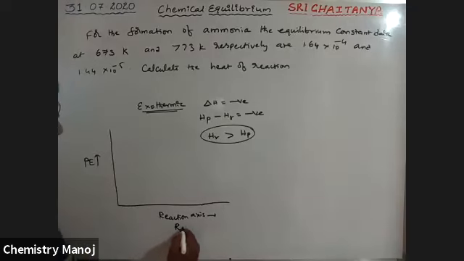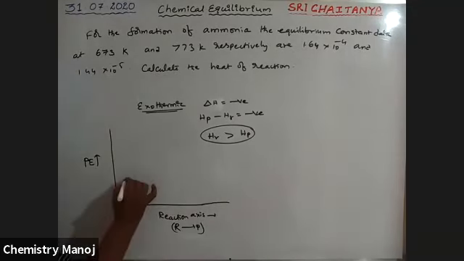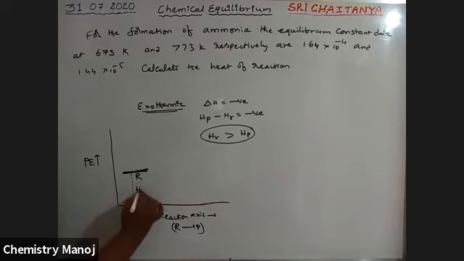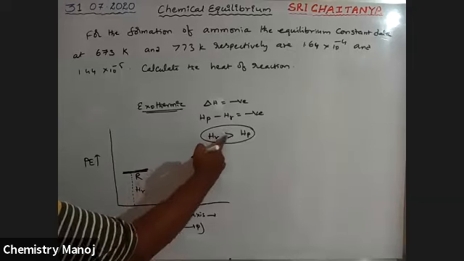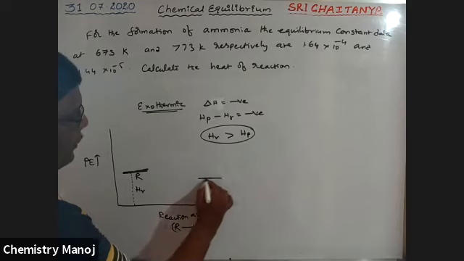Reactants convert into products in this direction. This is the reaction coordinate. We start with reactants having some energy. This is the enthalpy of reactants, which is greater than the enthalpy of products. Now this is the enthalpy of products.